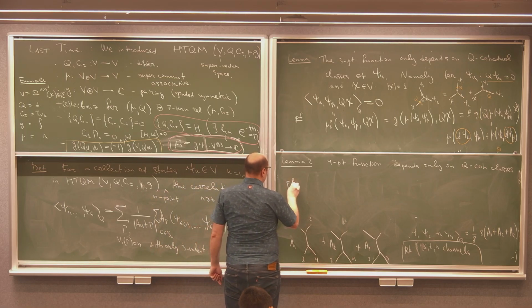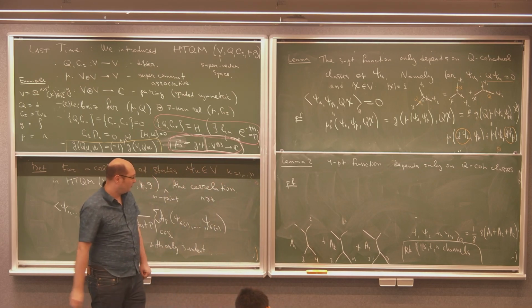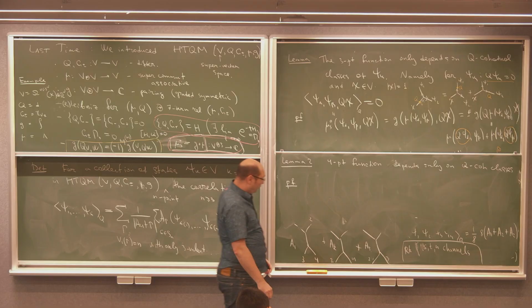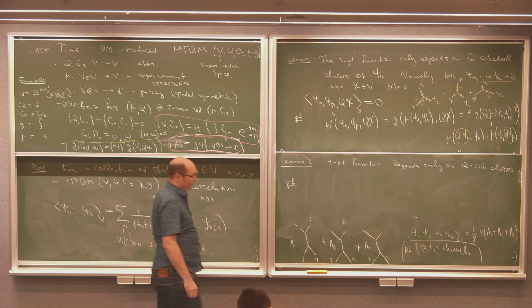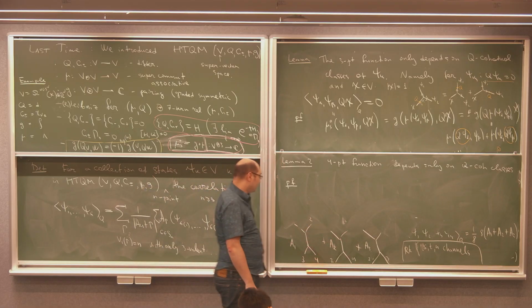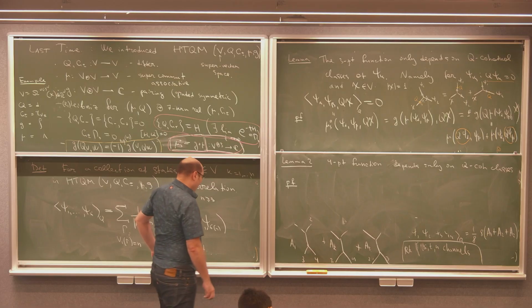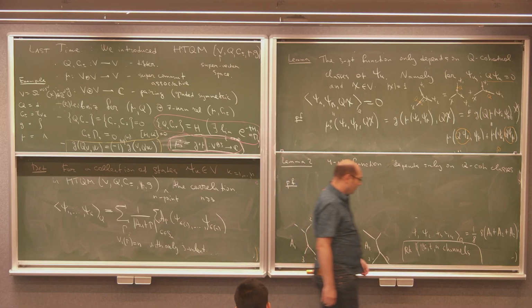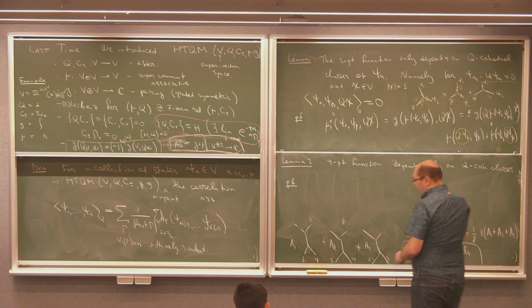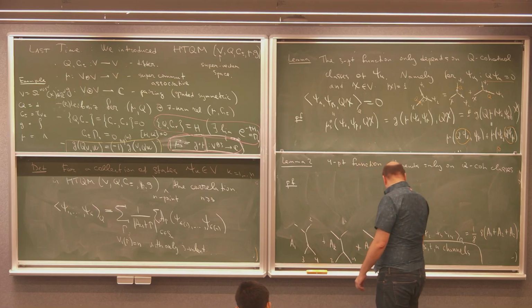So now let us try to prove this. For a 4-point function, we don't have a single contribution. We have these 3 contributions, and once again let us fix one of them. So let us look at the amplitude for this case.